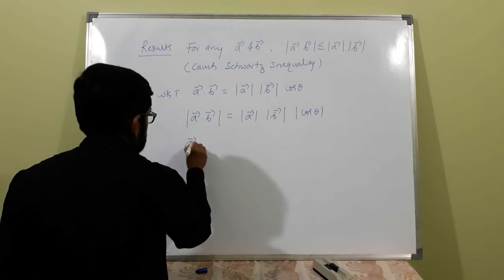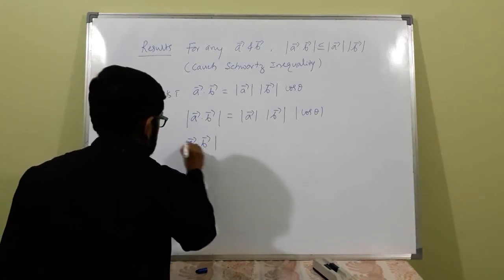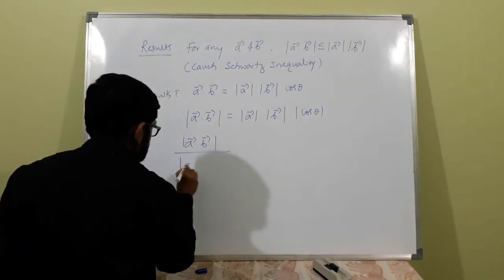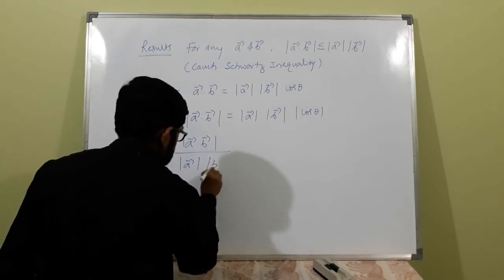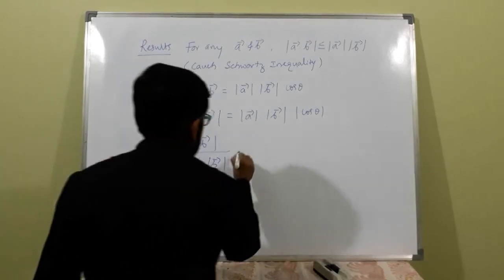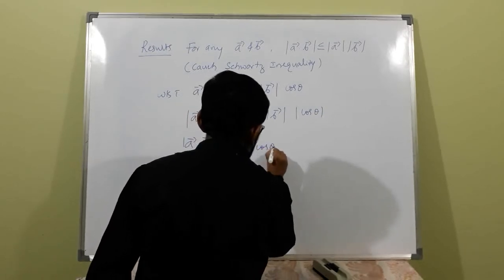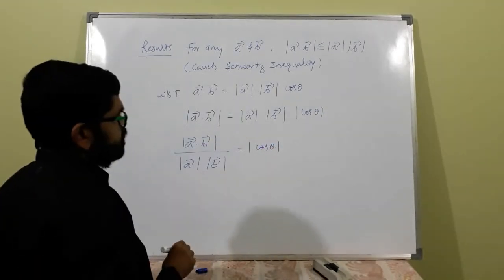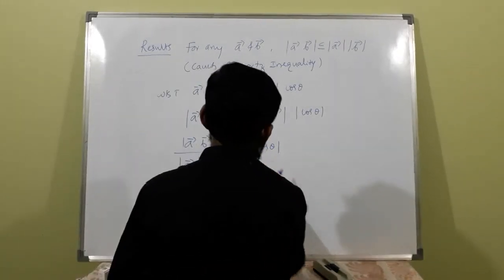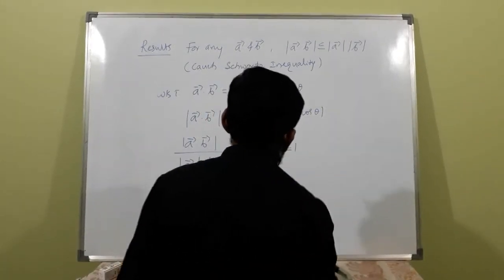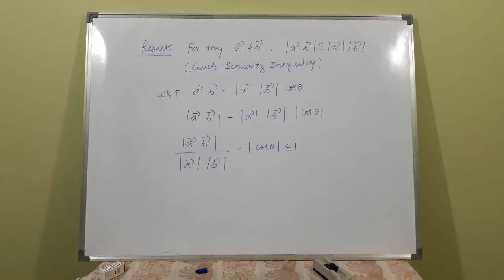This is A dot B divided by modulus of A times modulus of B, which is equal to modulus of cos theta. As cos theta lies between -1 and +1, modulus of this value should be less than or equal to 1 only.